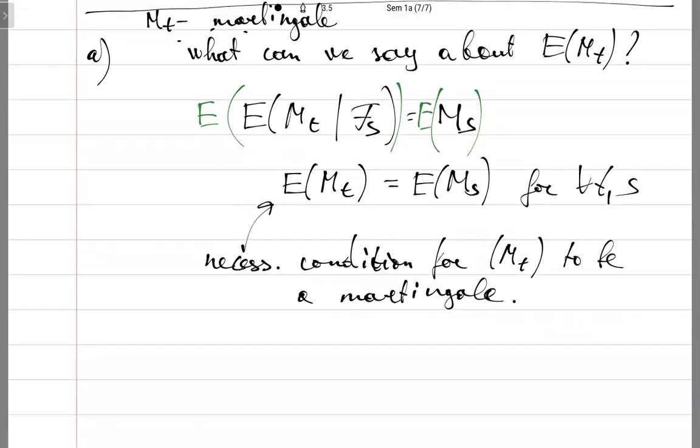And this second property works only in discrete time, because we have given a definition that is the same for discrete and continuous time, but this property will work only for discrete time.